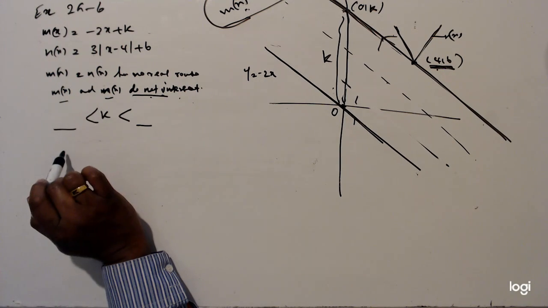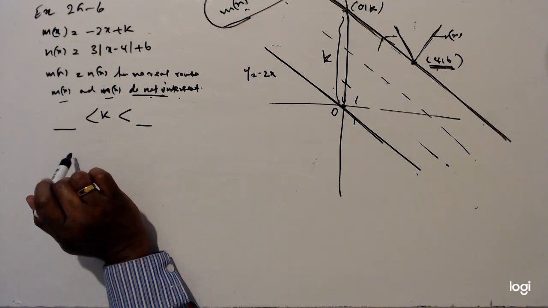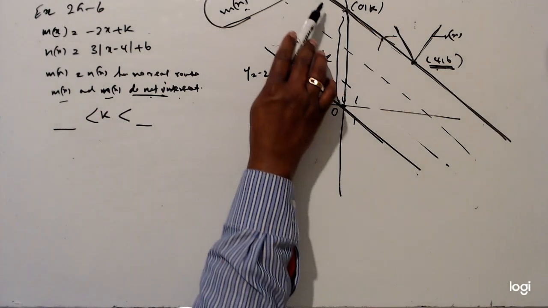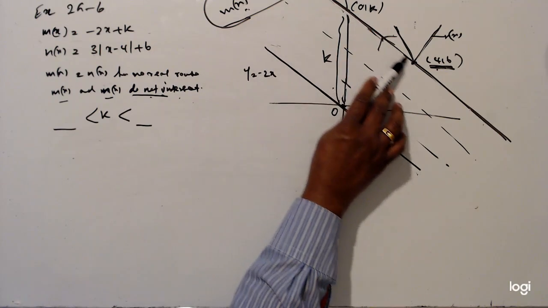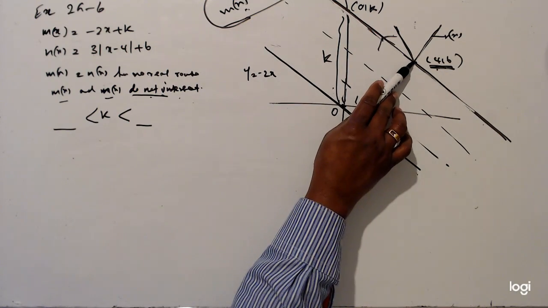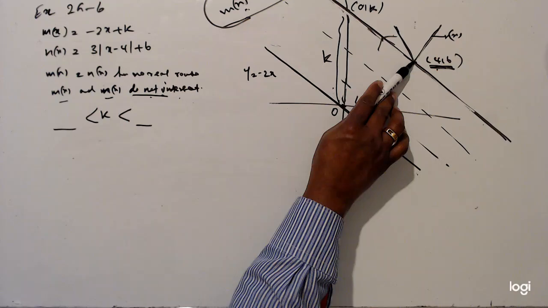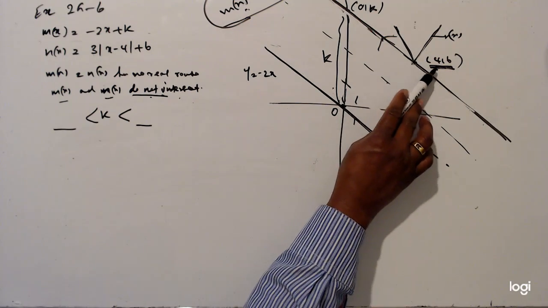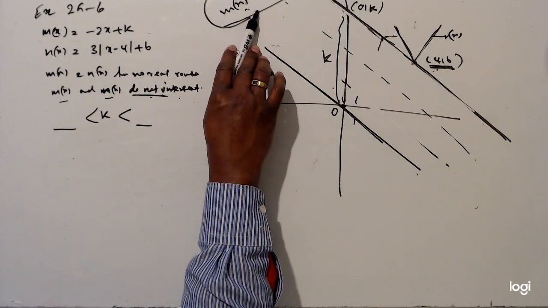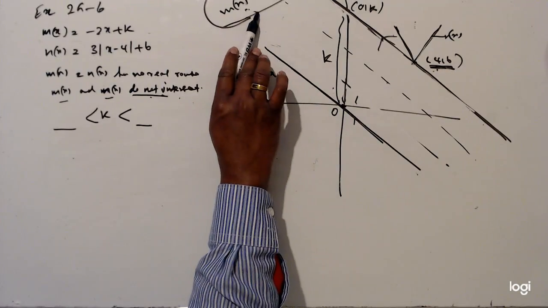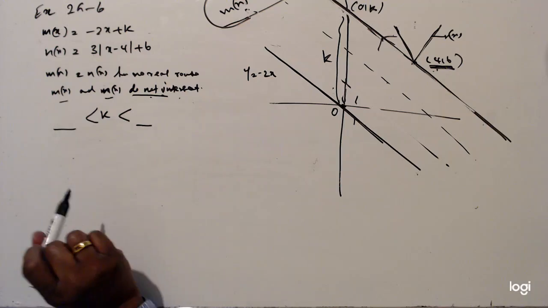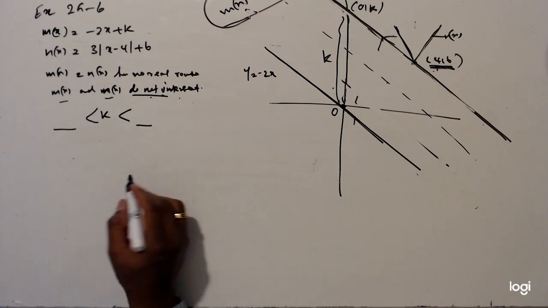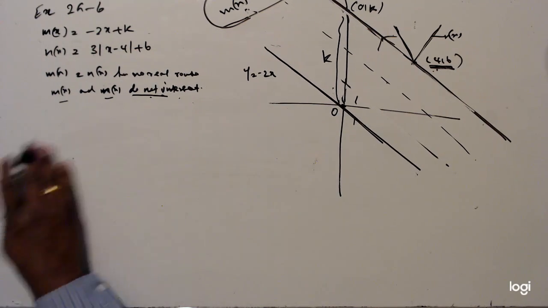For that we assume the situation that both graphs intersect, and as a result 4, 6 is on this line. It means 4, 6 should satisfy this equation. Then we can find k. We'll do that.